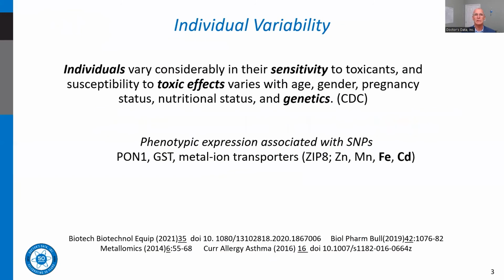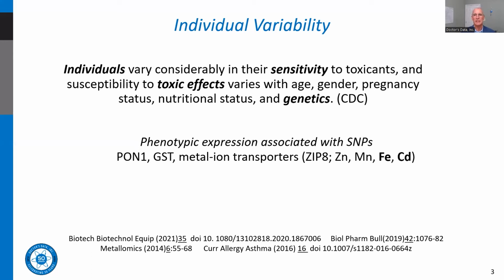Now, there are some other very important considerations we have to make. The CDC has also acknowledged individual variability. Individuals vary considerably in their sensitivity to toxicants, and susceptibility to toxic effects varies with age, gender, pregnancy and nutritional status, and genetics.